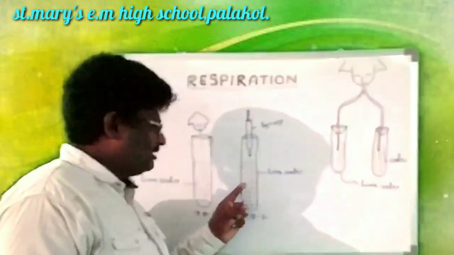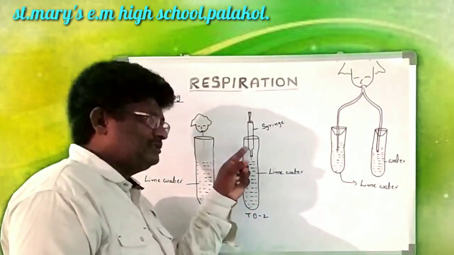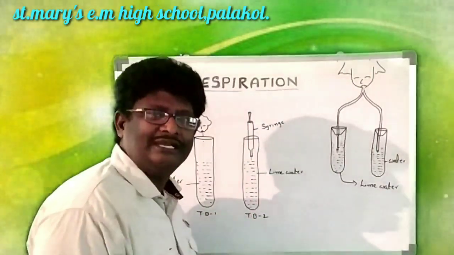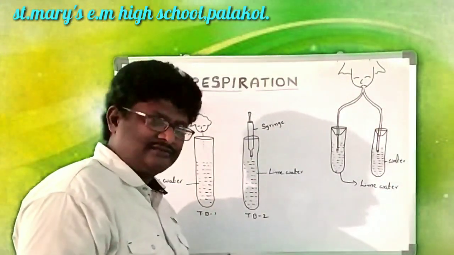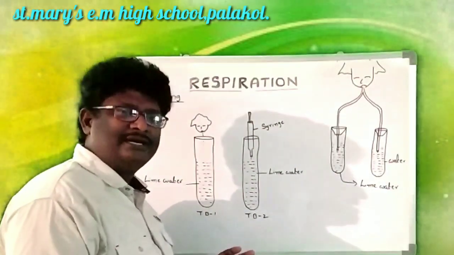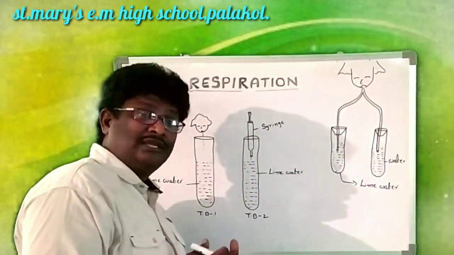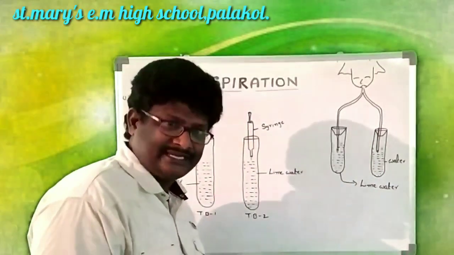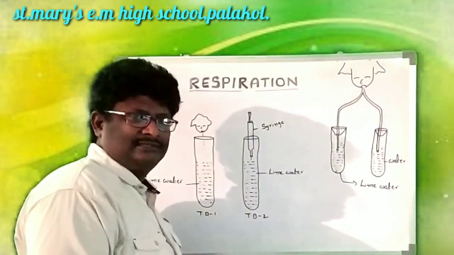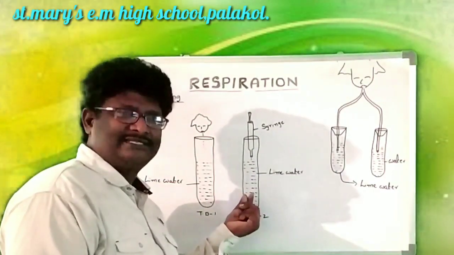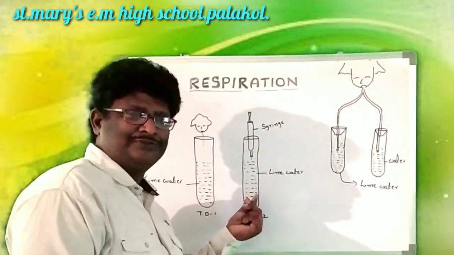But when we push the air through the syringe, the lime water does not turn milky white. Why? Because this air does not have a heavy quantity of carbon dioxide. So the reaction does not take place inside the second test tube.